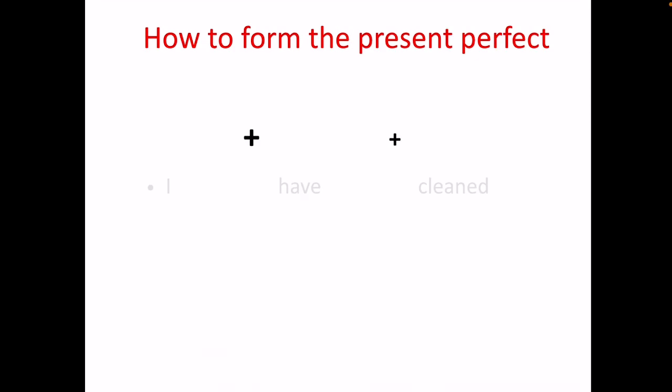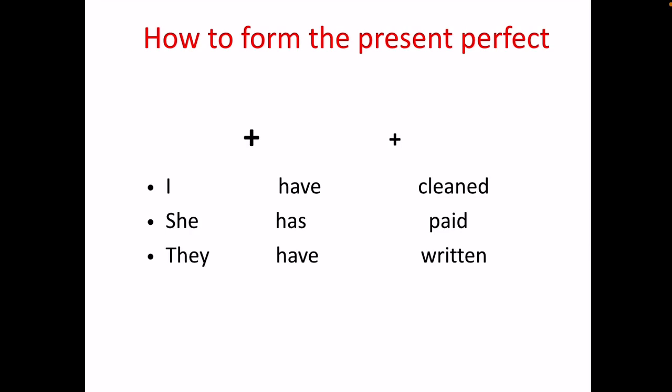First, I have cleaned. She has paid. They have written. Now, I have three parts here: I, she, they; and have or has; and then I have the verb part. Let's start with I, she, they. Now, I, she, they are the subject of the sentence.